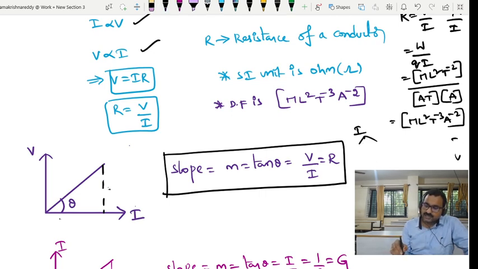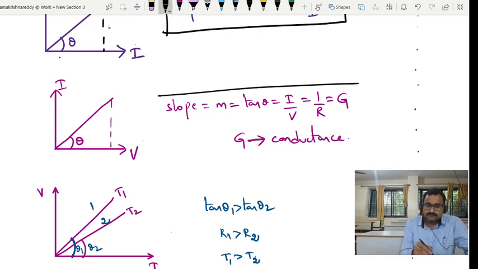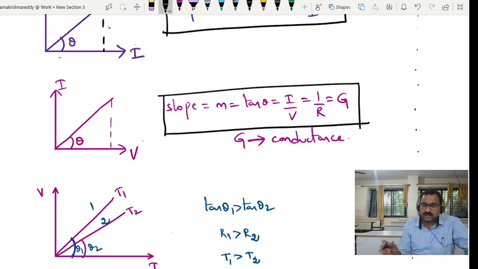That is the next figure I showed you. So now the slope m is equal to tan theta, which equals I by V, which equals 1 by R, which is G now. You know the reason: I changed the positions of I and V. One is now on the x-axis and the other on the y-axis, exactly opposite to the first diagram.